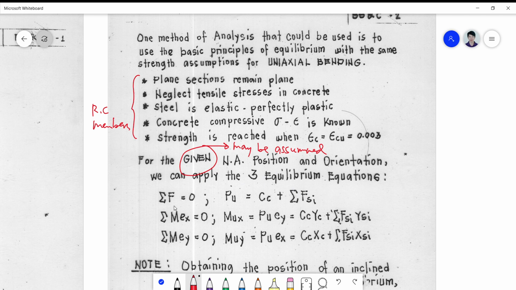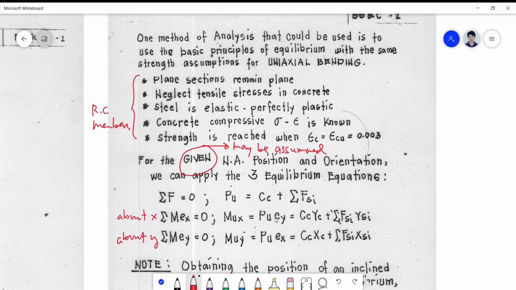So we simply apply the three equilibrium equations. Summation of forces along the neutral axis equals 0. Then the summation of moments about the x-axis, because you have an EY there, and this is the moment about y.